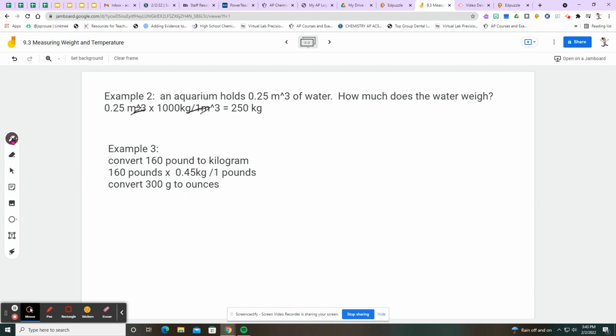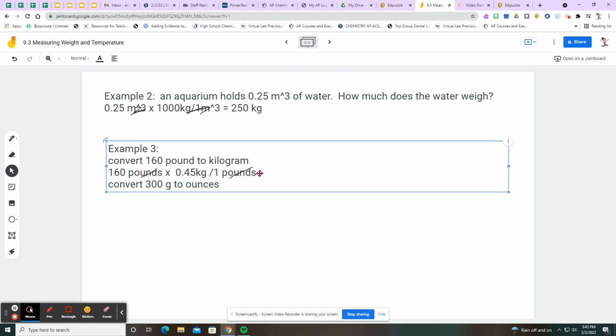So again, pounds will cancel, and 160 times 0.45 is going to give me 72 kilograms. I'm just writing that out to make sure we know where that came from.